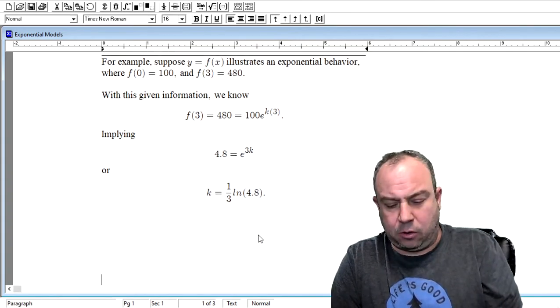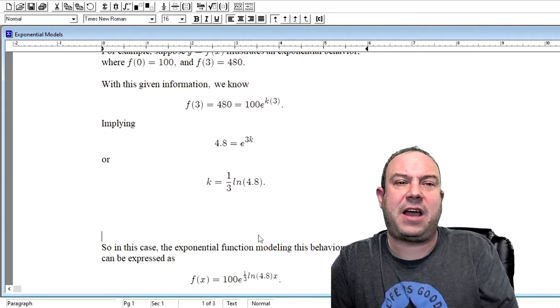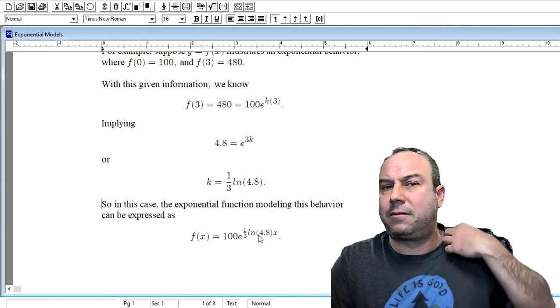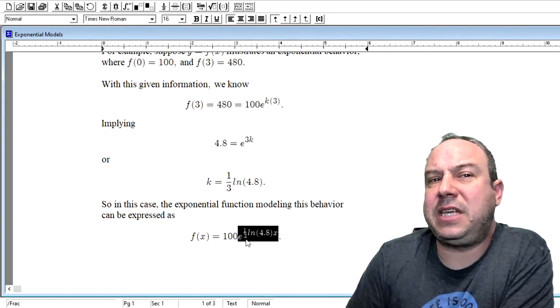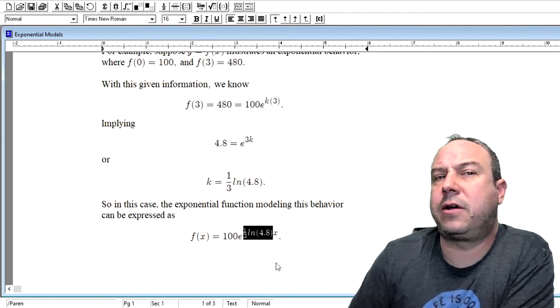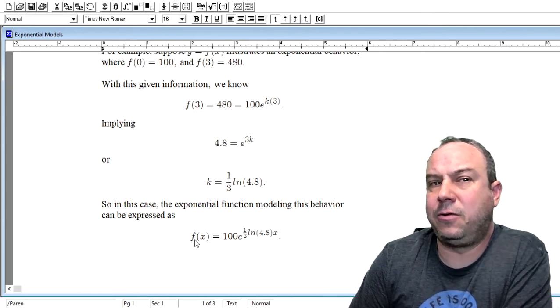So in terms of my model, I can substitute that value back into my model, and we see here that f of x is going to equal 100 times e raised to the power of 1/3 the ln of 4.8 times x in value.